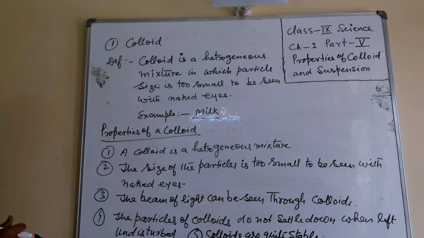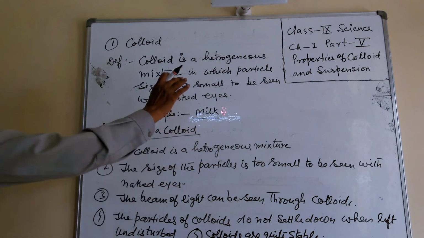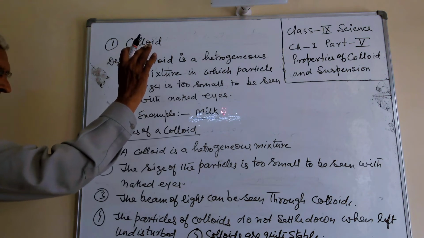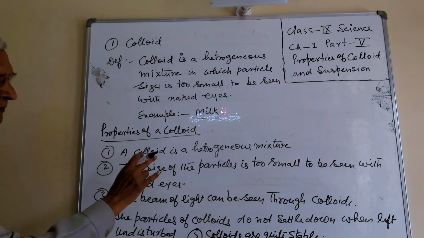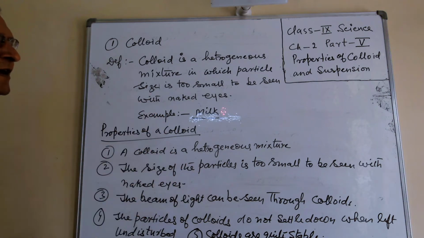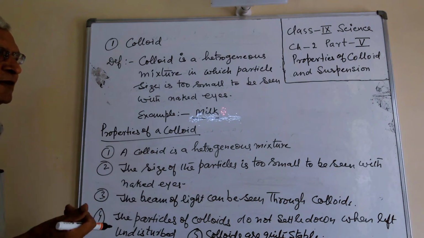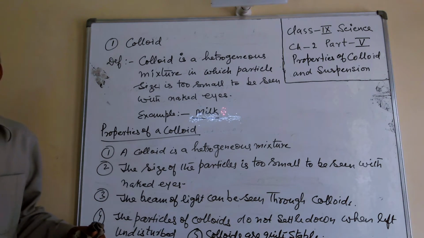See here, properties of colloid. First, a colloid is a heterogeneous mixture, as I have told you above. The size of the particle is too small to be seen with the naked eyes. My dear students, I have already explained that the size of the particle is very small.